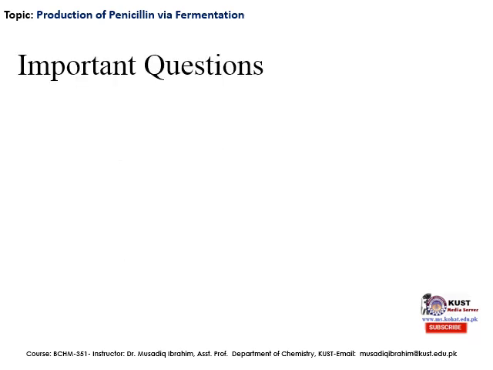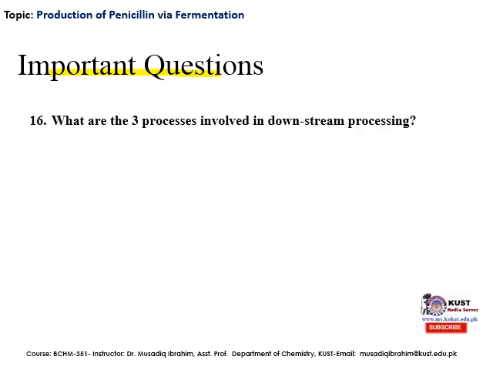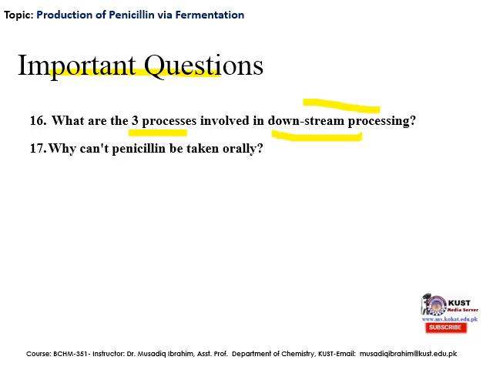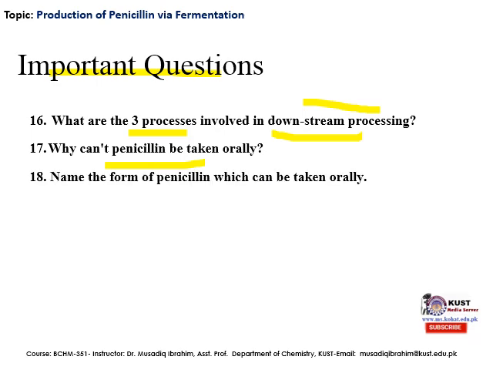Now some other important questions will clear your concept about the process of fermentation and the production of penicillin through fermentation. First of all, during downstream processing, what are the three processes which are carried out in downstream processing? I have discussed this in the general layout of the fermenter. Now why can't penicillin be taken orally? You need to look up the answer to this question, and name the form of penicillin which can be taken orally.